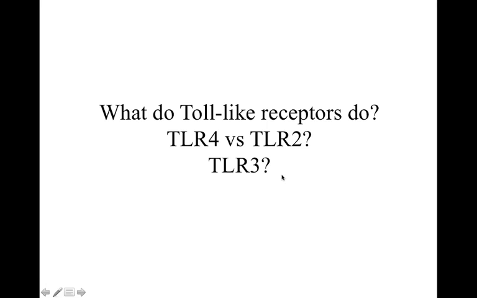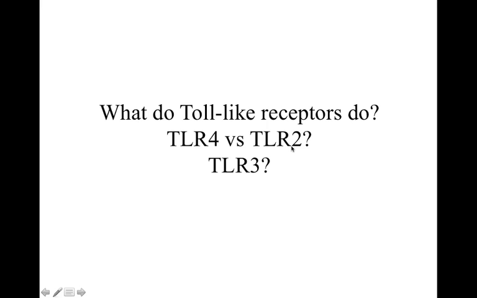They're pattern recognition receptors, so they notice patterns that are similar on microbes, and they are ultimately important for recognizing the several different patterns that are always the same on a microbe. For example, TLR4 recognizes LPS, and LPS will always activate TLR4. TLR2 is activated by a few things, but the one I want you to know is peptidoglycan.